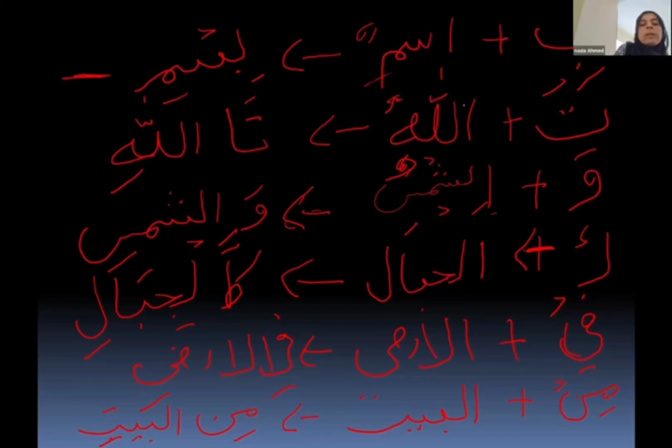When they came together, it changes into tallahi because of this ta. Okay, the noun was ashamsu, but I put wa in front of it, which is to take an oath. The result is washamsi. Why? Because of the wow.